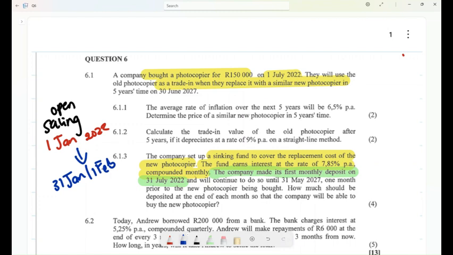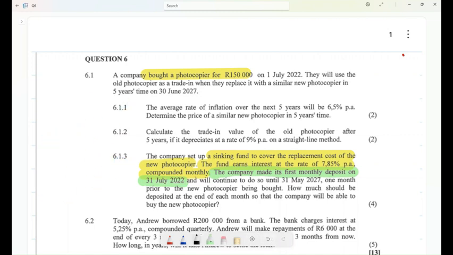We assume that the month takes 30 days. So the first payment should come here. You should start putting money into your saving on the 31st of January if you started on 1 January. But in this case, they started on 1 July, so the first payment should be on 31 July. So it is okay.